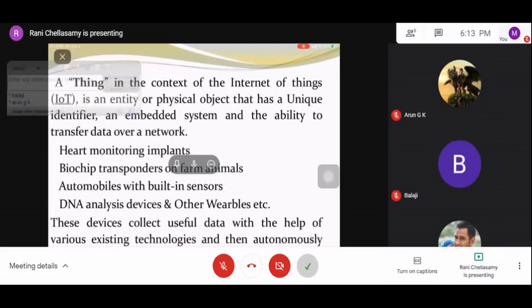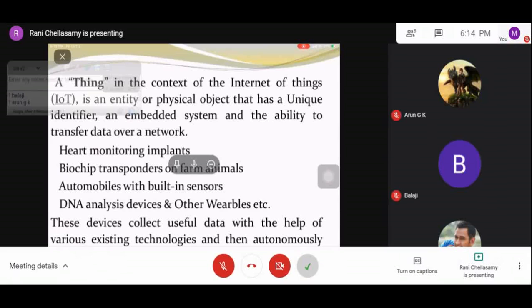For example, you can have heart monitoring implants. How does the heartbeat work in a particular person? The monitoring of the heartbeat can be analyzed. Others include biochip transponders on farm animals, automobiles with inbuilt sensors, DNA analysis devices and other wearables.